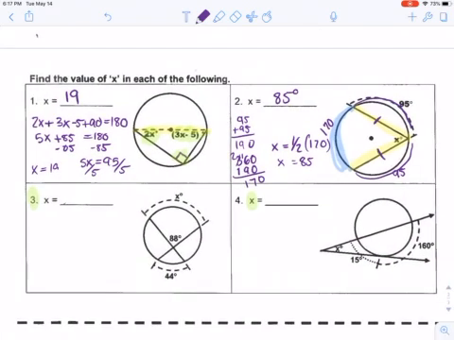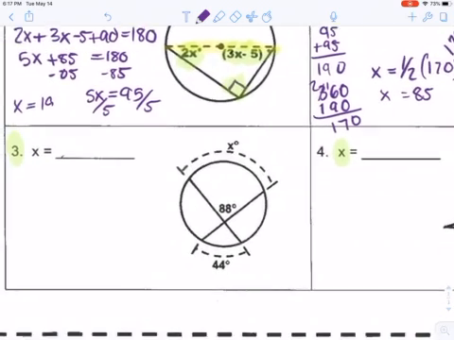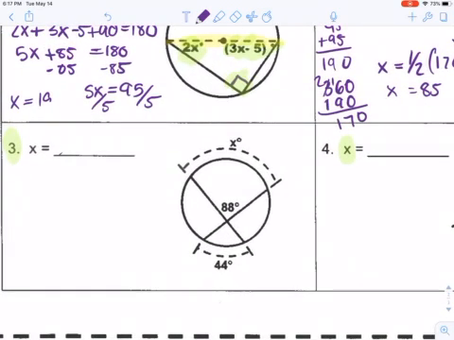So, we move on to our last two problems. Here, this one's different from the problems we did as homework and from the problems we did yesterday, in that they give us the angle. We're not trying to find the angle, we're trying to find arc measures. But what does our theorem say? Our theorem says that the angle equals 1/2 the sum of the arcs.